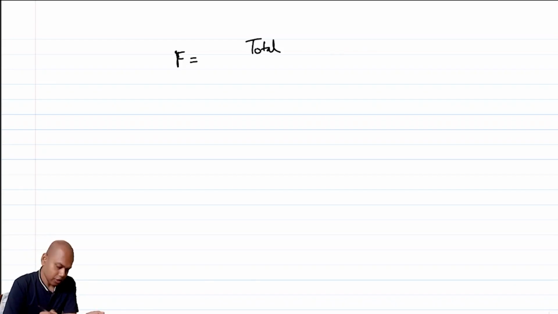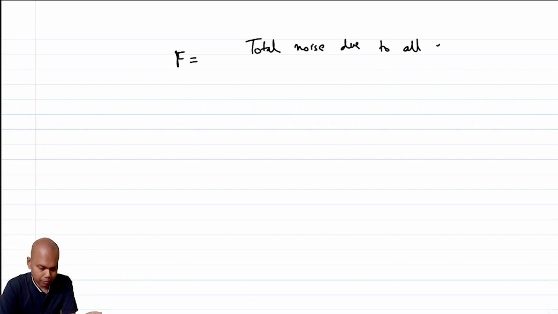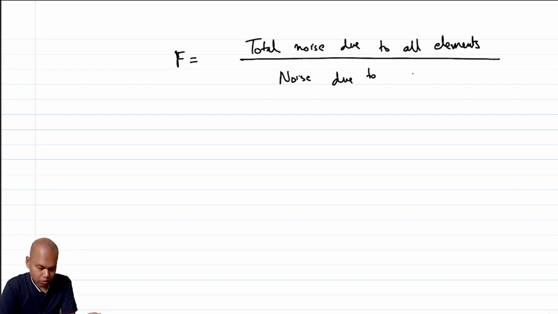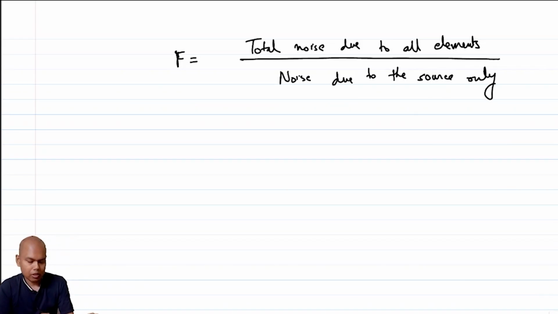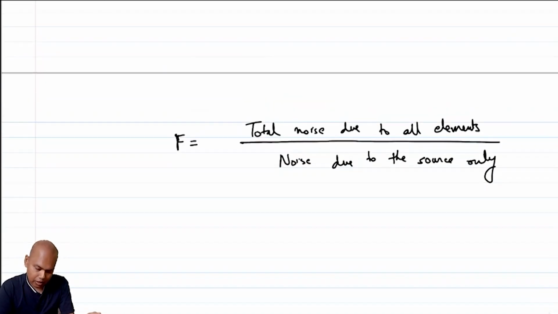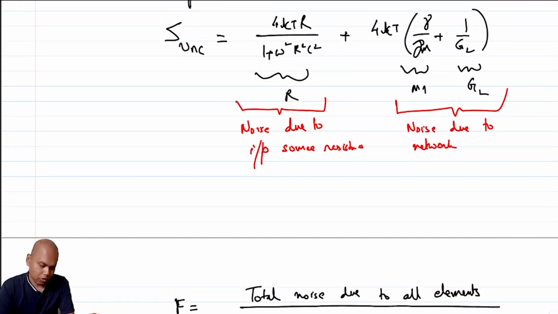Let me define a parameter called F, which is the total noise due to all elements divided by the noise due to the source only. In our case, total noise is SVNC, and noise due to source only is 4kTR over 1 plus omega squared R squared C squared.